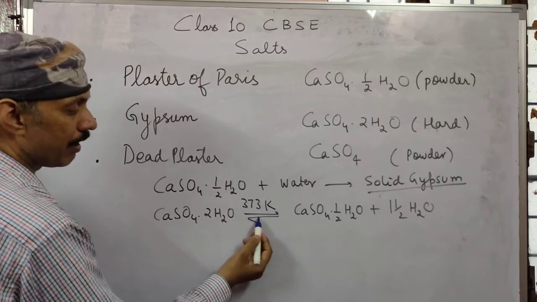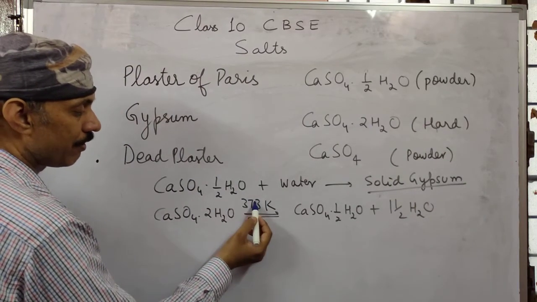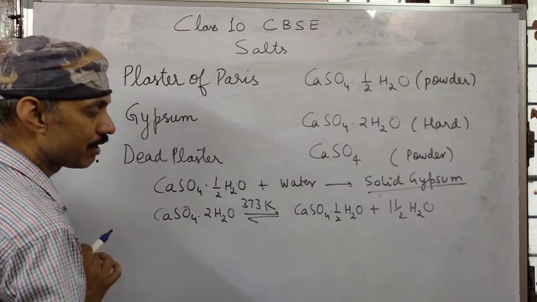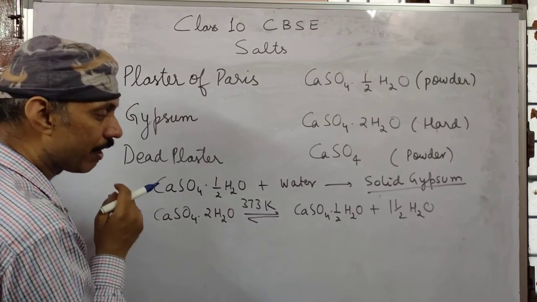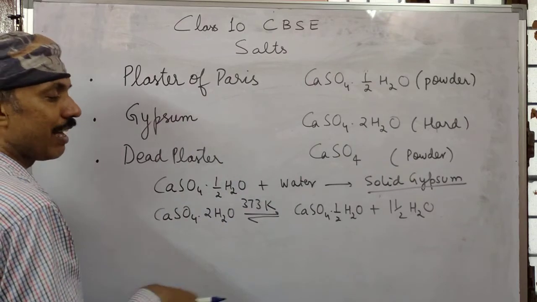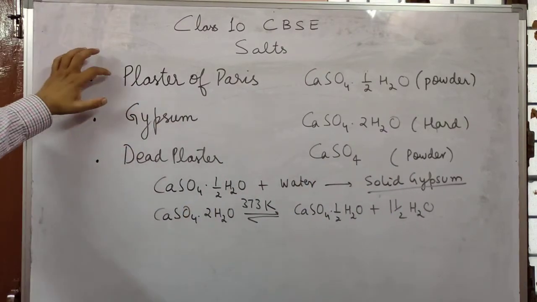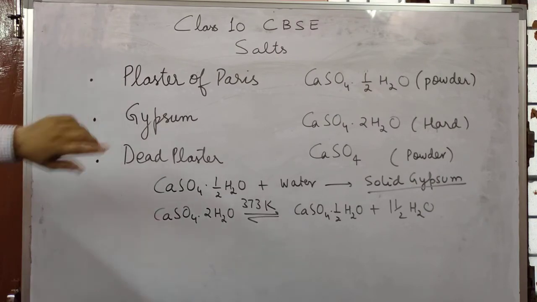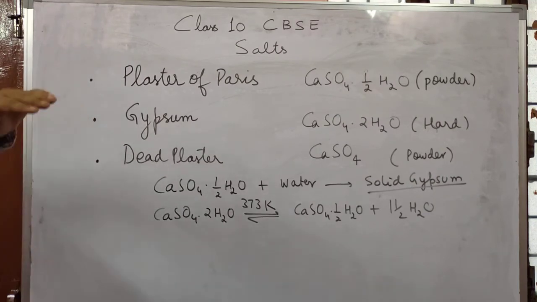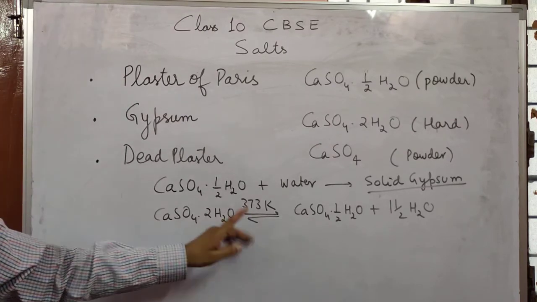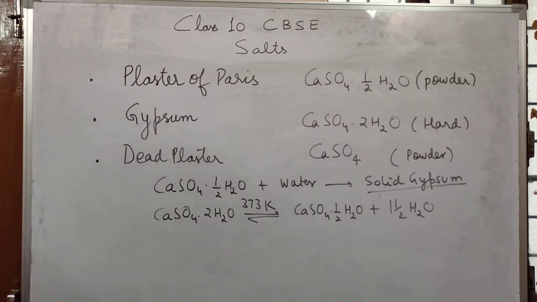Now this is a reversible reaction. When you do it at 373 degree, this reaction will go in this way. Take gypsum, heat at 373, it will convert into plaster of Paris. When the temperature is less and you add water, it will again form gypsum. So plaster of Paris can be converted to gypsum by adding water, and gypsum can be converted to plaster of Paris by heating at 373 degree K.